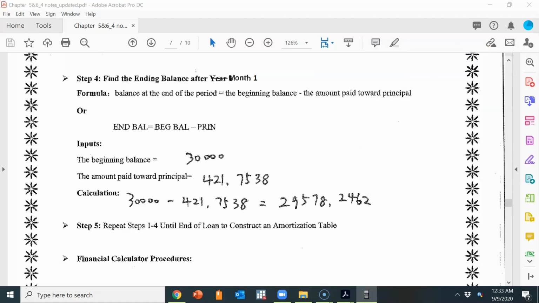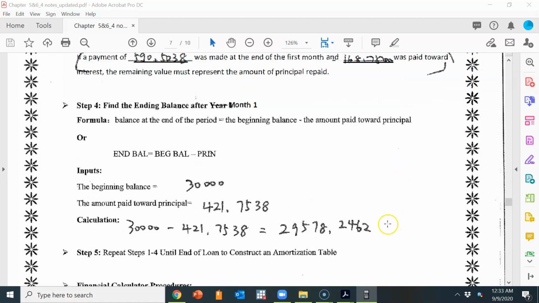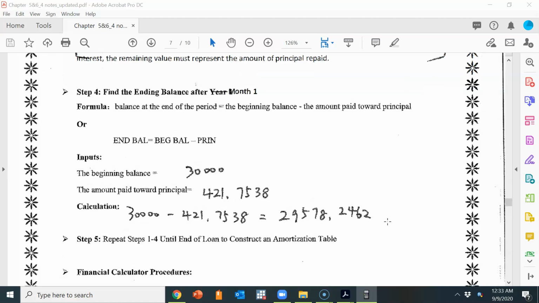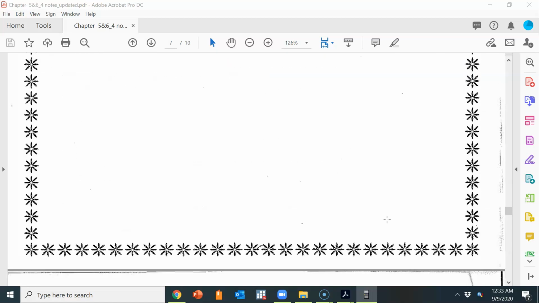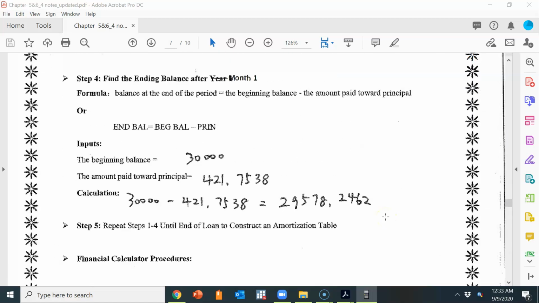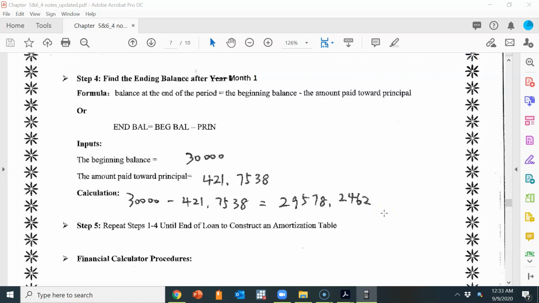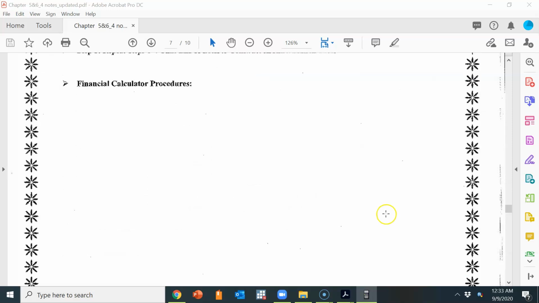So here is how we work this question out. That's all for chapters 5 and 6. We have spent 4 classes on these 2 chapters.